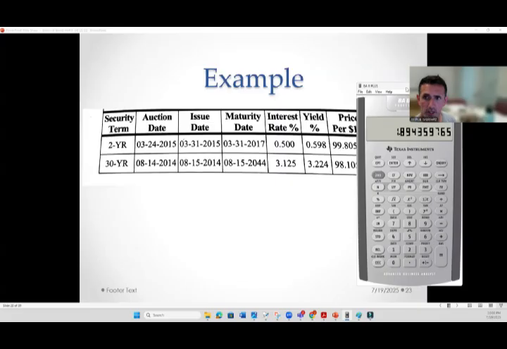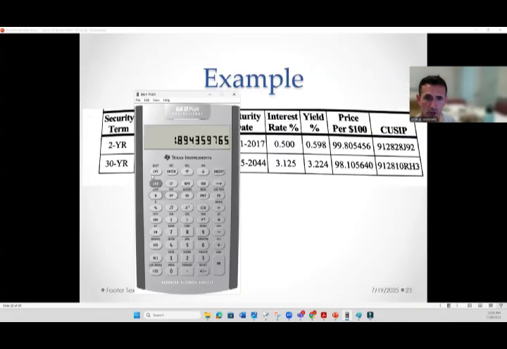Let's just double check that. So 100 minus the price, 98.10564. One second, we'll check that again. 100 minus 98.10560.